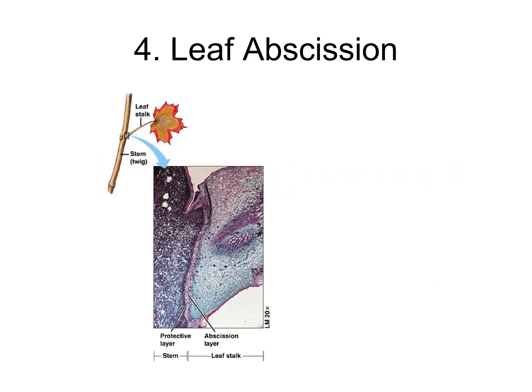In temperate climates like ours, plants often will lose their leaves in the fall. When leaves drop off a plant, that's called abscission. And it is induced by hormones caused by changes in light cycle, temperature, and moisture.